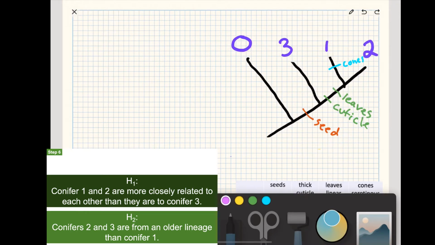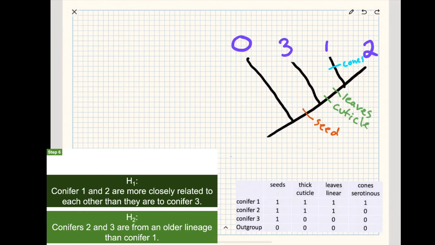Now, hypothesis 2 was a bit more complicated. It said conifers 2 and 3 are from an older lineage than conifer number 1. Time is increasing from the bottom to the top of this cladogram, and so the most distant common ancestor is the one that is shared with the outgroup.